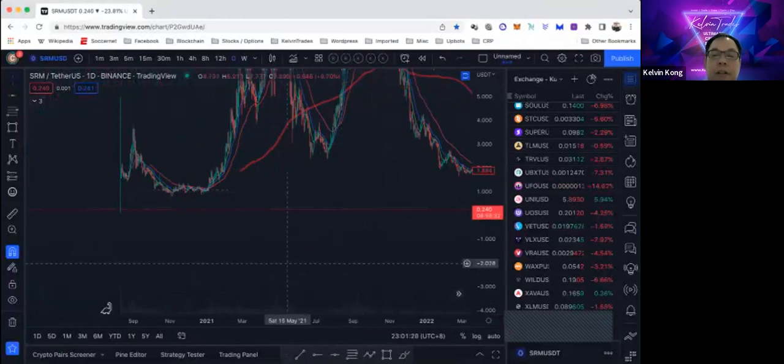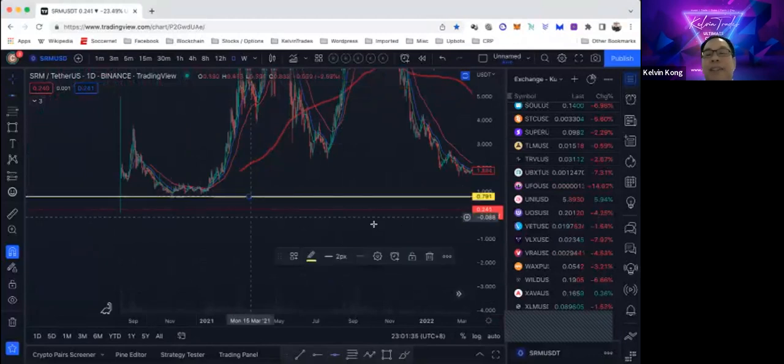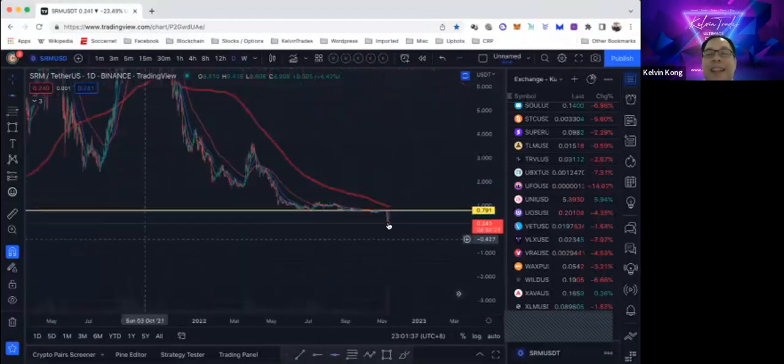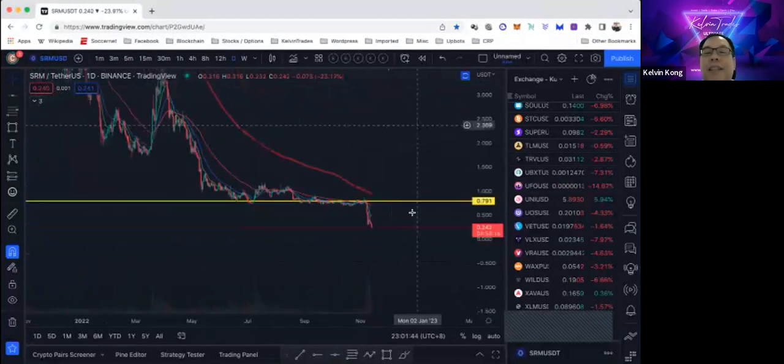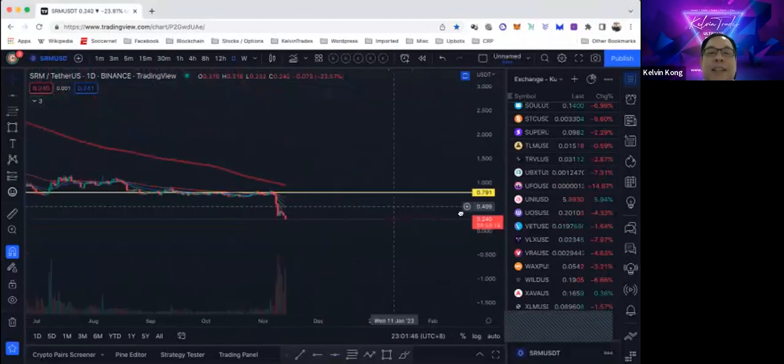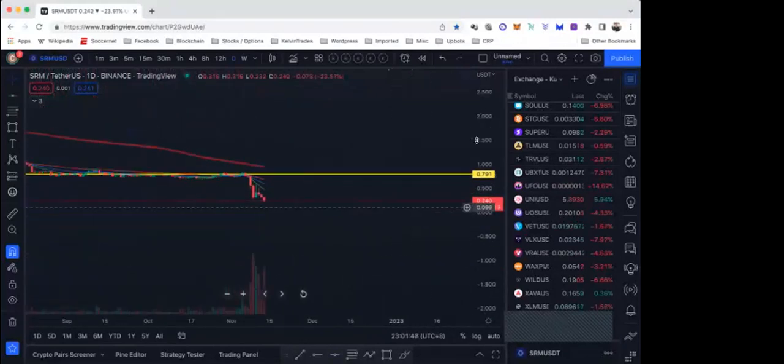Support. Oh, this coin is in bad shape. The last support was here. After that, nothing. Now it's here. So better not look at it.